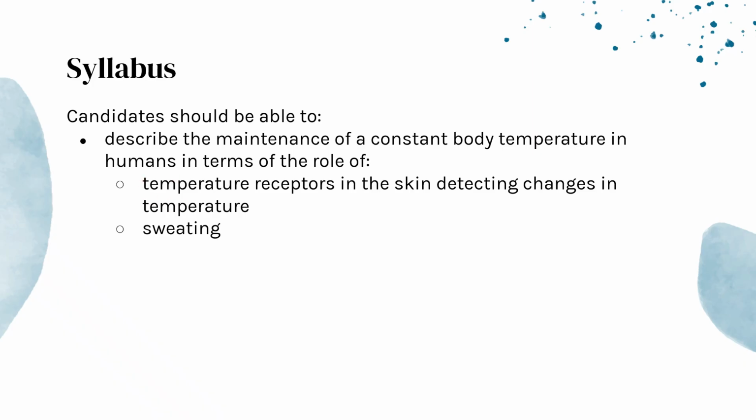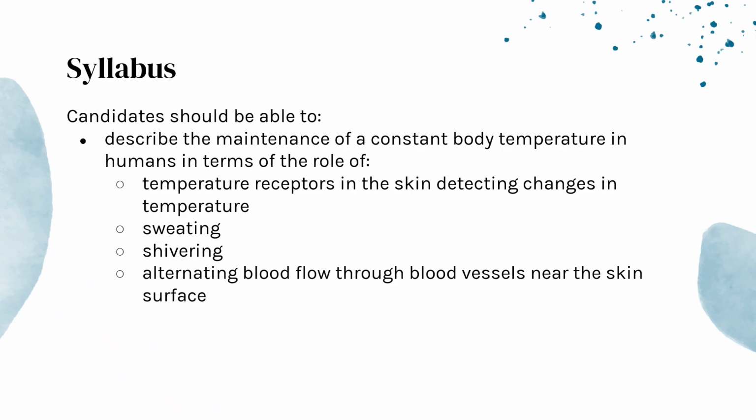Sweating is also a mechanism to maintain body temperature. On the other extreme, shivering is also a body reaction to maintain body temperature. The flow of blood through the blood vessels near our skin also helps to maintain body temperature.